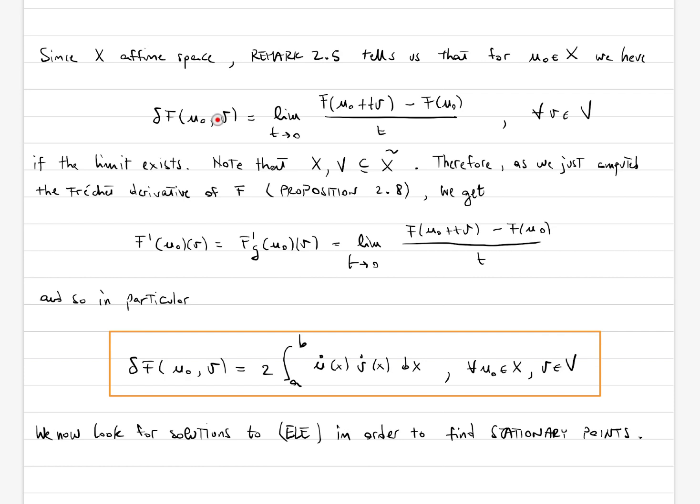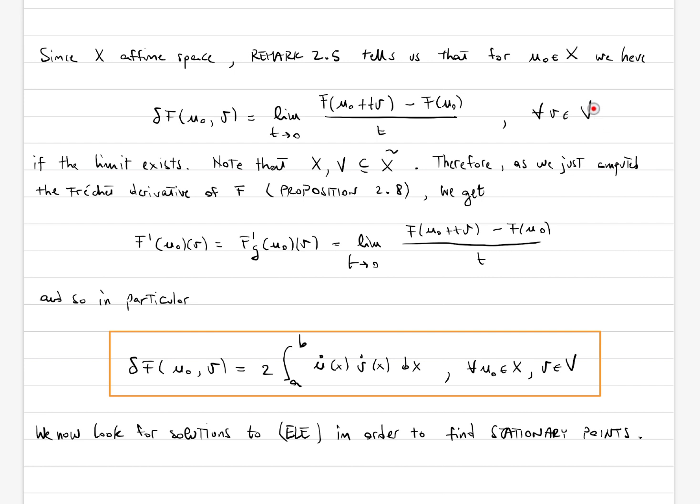Okay, now that we know the Gateau derivative, since x is an affine space, by remark 2.5 we know that the first variation, if it exists, is computed as the limit as t goes to 0 of f evaluated at u0 plus tv minus f of u0 over t, where v is a point in the reference vector space.